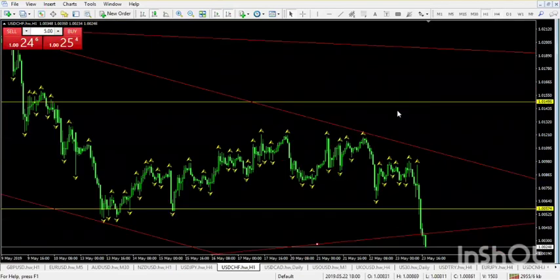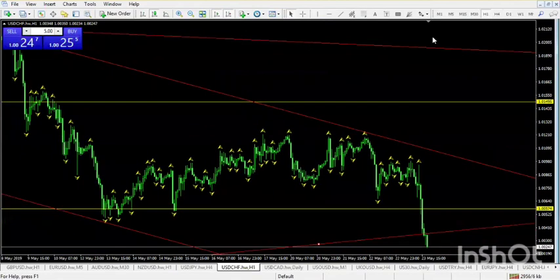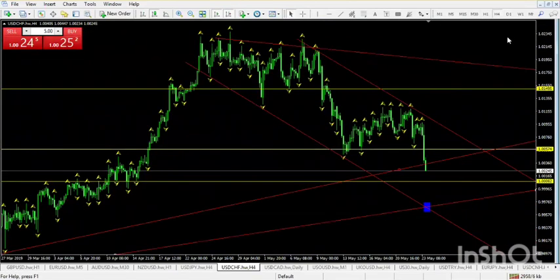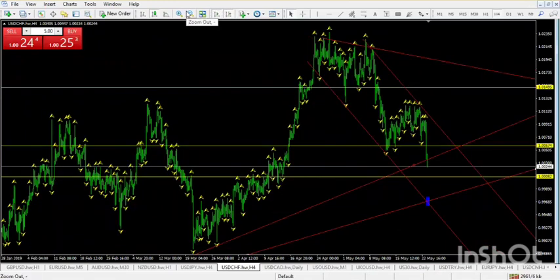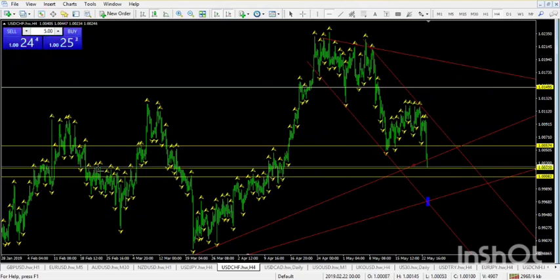Let me check the shorter time frames as well. Let me zoom out. So right now we're at the prices on the pivots here. So I'm going to locate our next pivots to see if it goes further than this area.